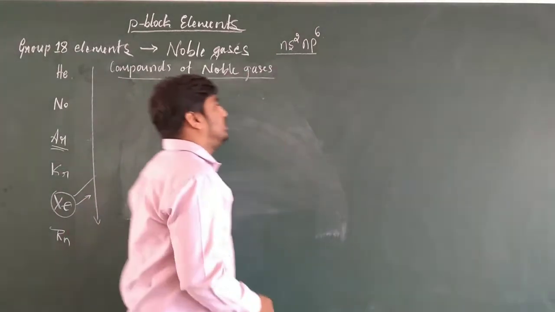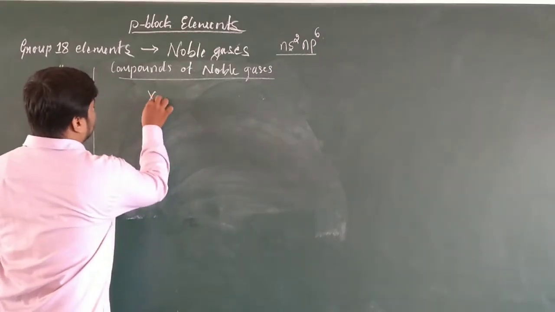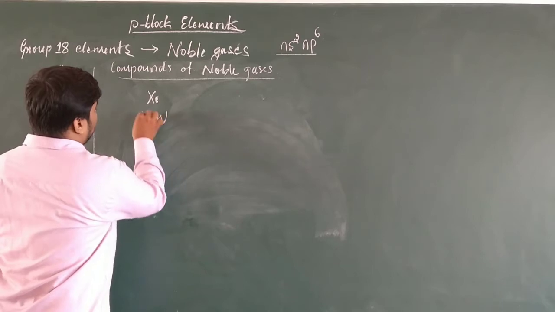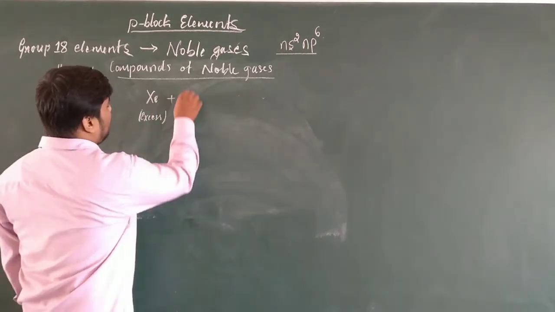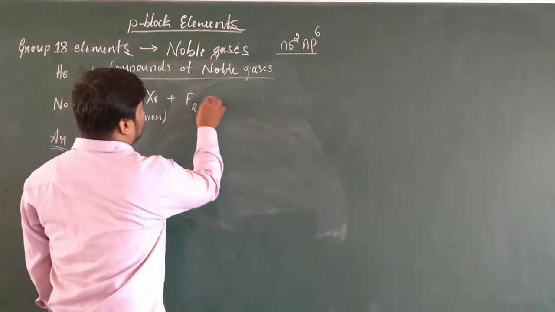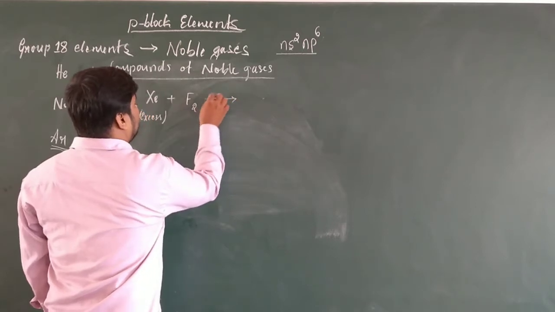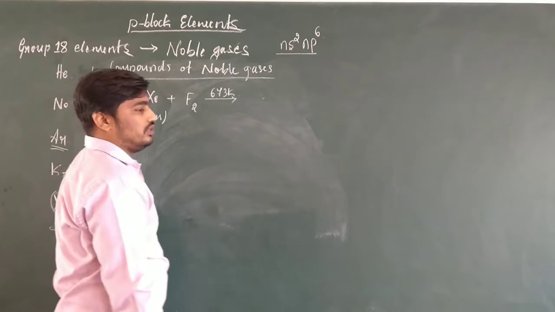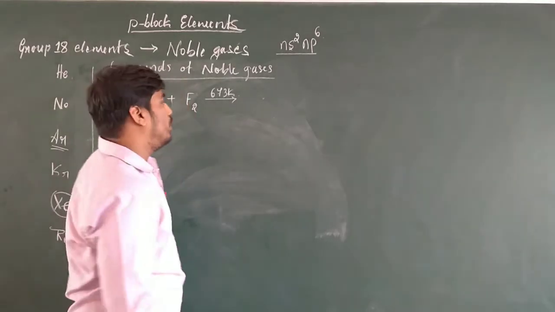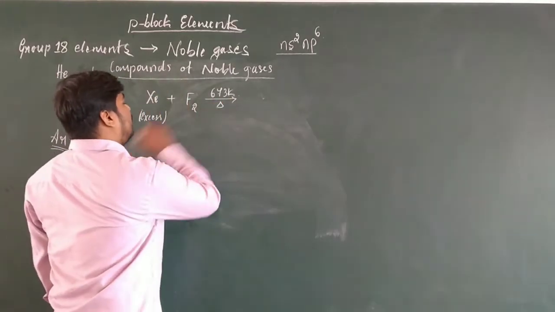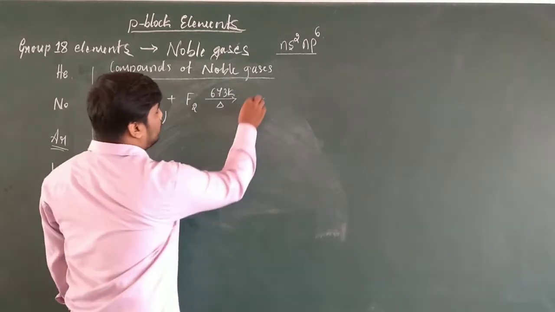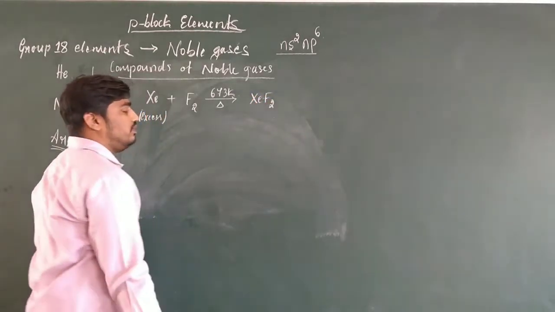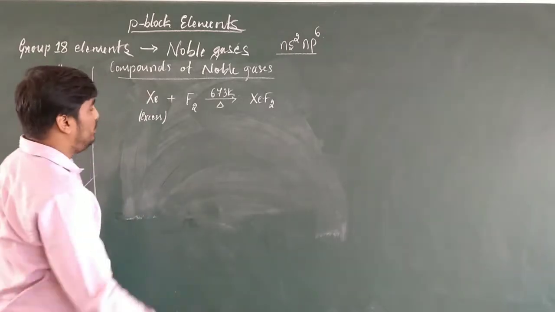When excess xenon is made to react with fluorine around 673 Kelvin, temperature is very important, they form xenon difluoride.